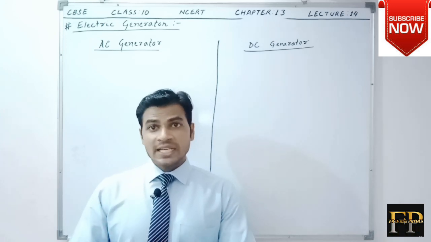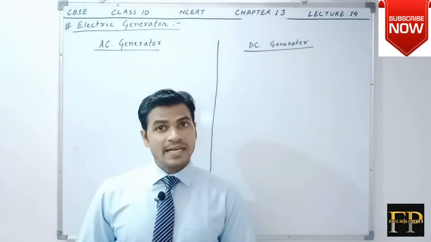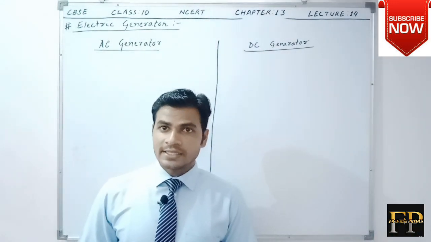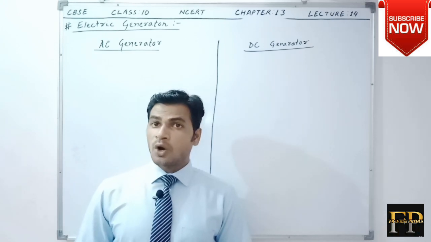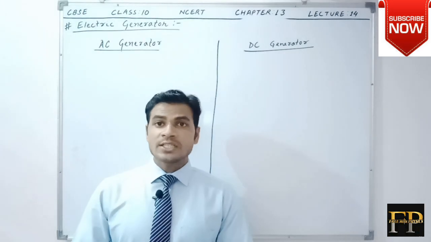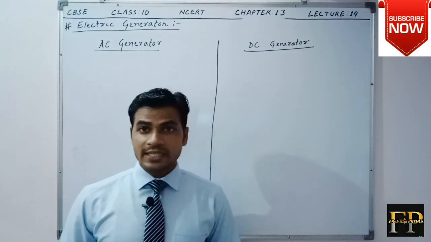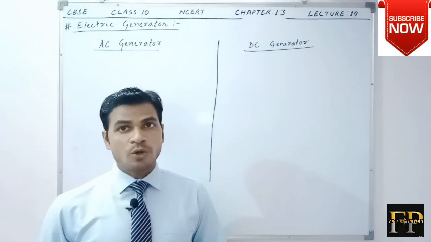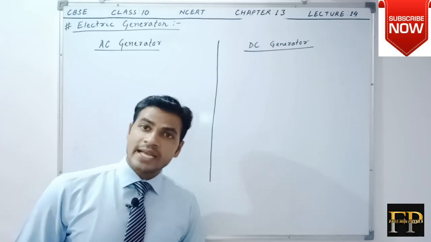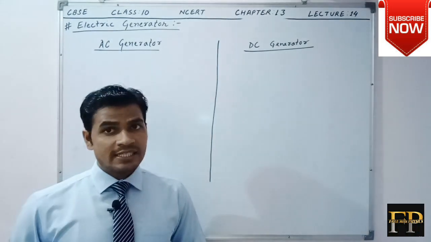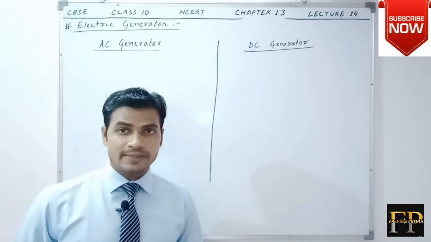In today's lecture, we are going to deal with the direct current generator, that means DC generator. We will also discuss the difference between the AC generator and the DC generator. So, we will draw diagrams to understand the AC generator as well as the DC generator.